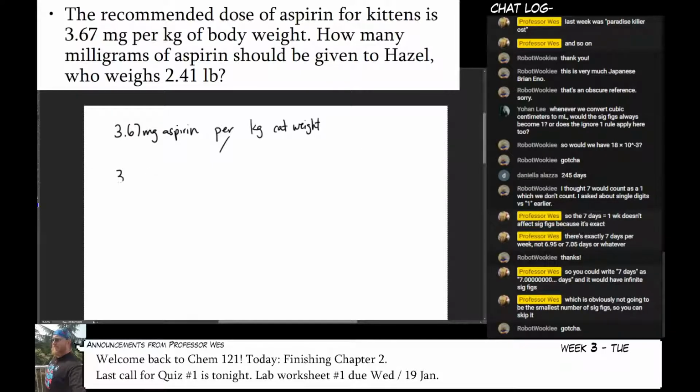Or in other words, 3.67 milligrams of aspirin equals 1 kilogram of cat. So for every kilogram my cat weighs, I can safely give the cat that much aspirin.